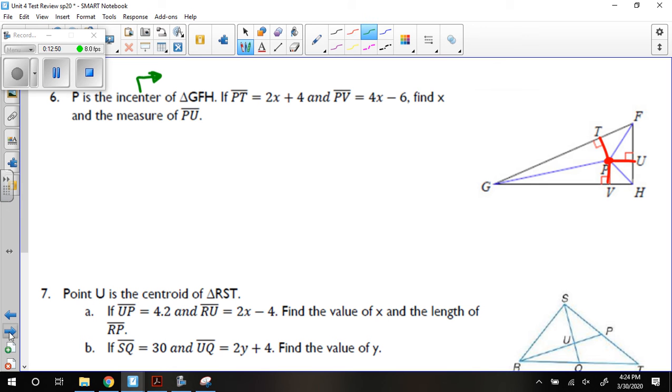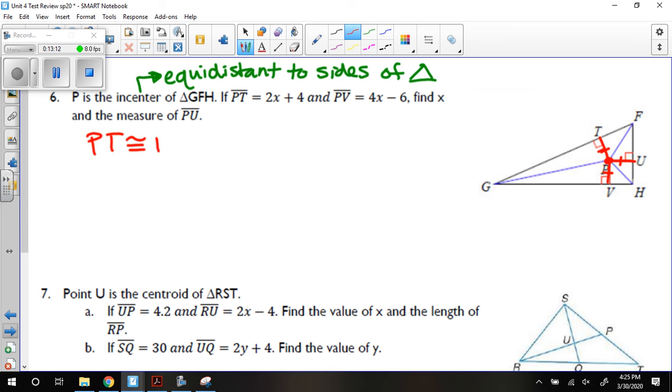So, the thing you need to know about the incenter is that it is equidistant to the sides of the triangle. So all three of those red lines are congruent to each other. So I put little tick marks on them. So we know that PT is congruent to PV, which is also congruent to PU.